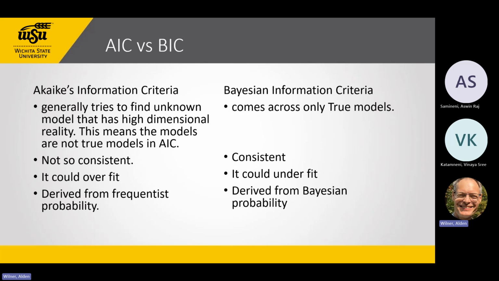Of course, Bayesian models existed even in those days, but academic statisticians thought they were too ad hoc, not mathematical enough. They've changed their mind. The usefulness was the convincing factor. The Bayesian information criterion assumes only true models. It's consistent, unlike the Akaike. It suffers from the problem that it could eliminate too many features and underfit. And of course, obviously from the name, it's derived from Bayesian probability.